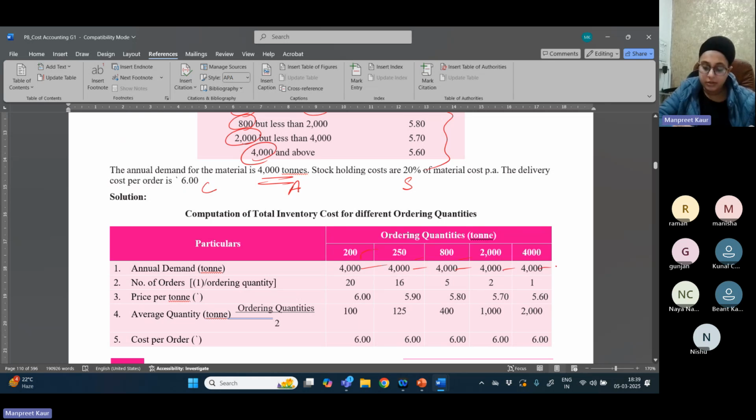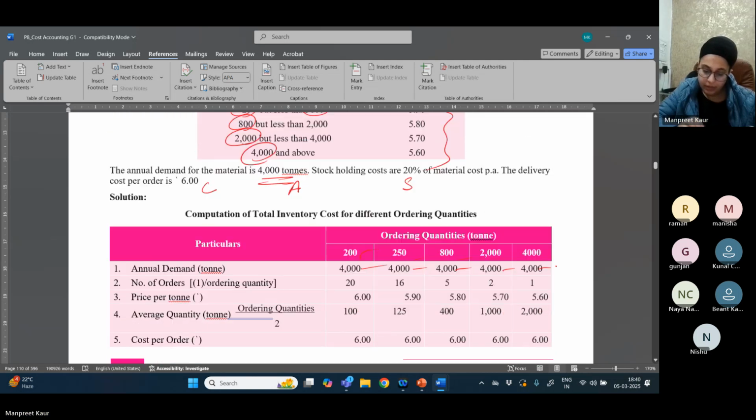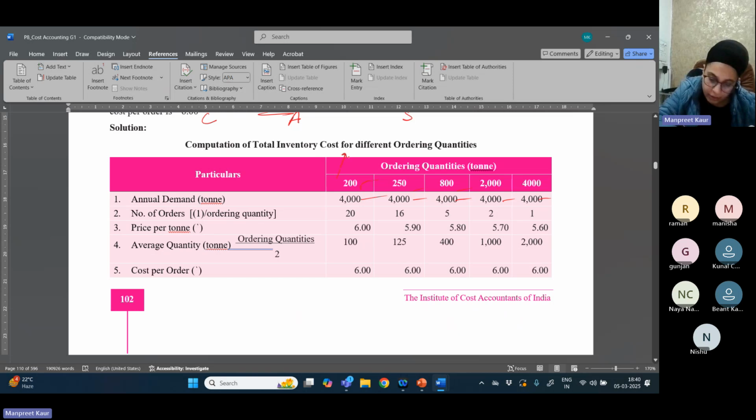Number of orders is annual demand divided by EOQ. Here we are considering these as the EOQ: 4000 divided by 200, 4000 divided by 250, 4000 divided by 800. Here we get the number of orders.